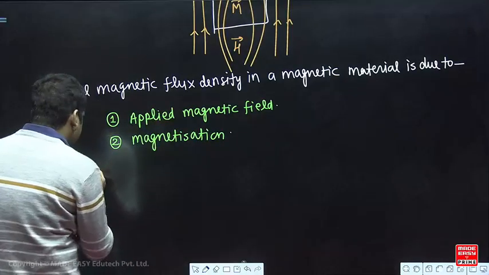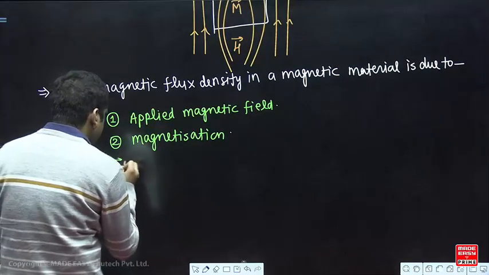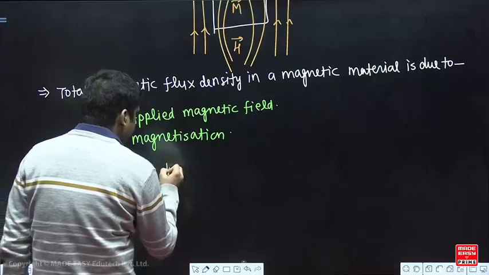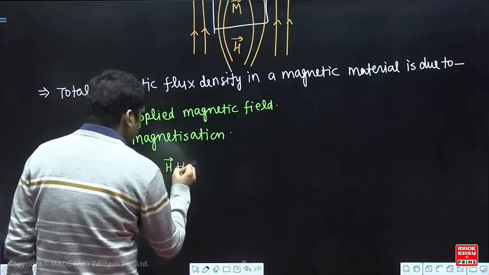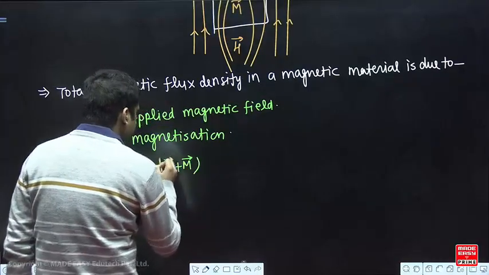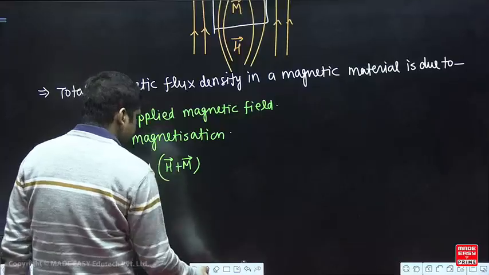So mathematically B is equal to mu naught times H plus M.